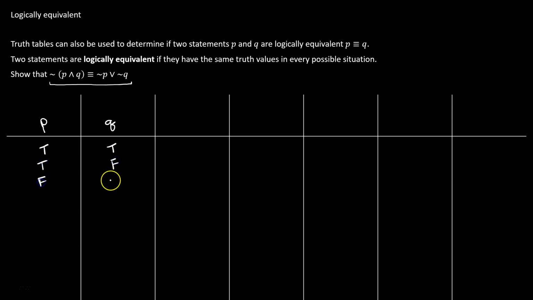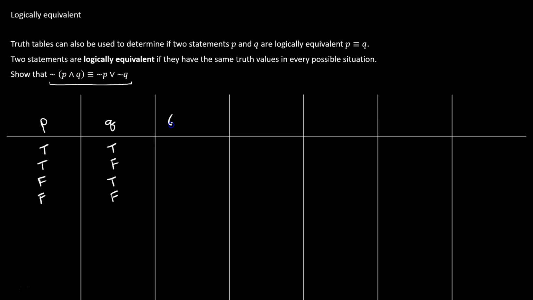P could be false, Q could be true, P could be false, Q could be false as well. I've got a lot of columns here because I like to do this piece by piece. So we have all of the possibilities for statement P, all of the possibilities for statement Q, and every combination of the two. And now I'm going to build the left-hand side of my statement piece by piece.